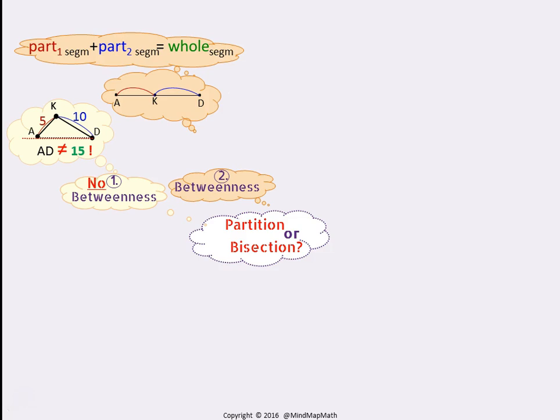Both of them make the whole segment AD. This situation is characterized as segment partition because it simply shows that the entire segment is made of its parts created by collinear points.